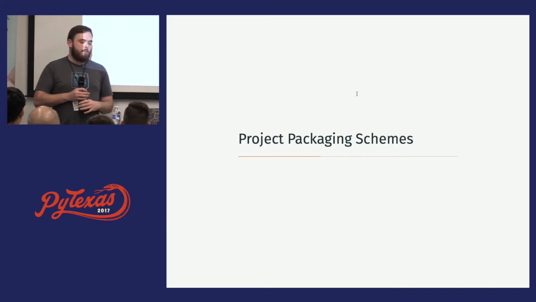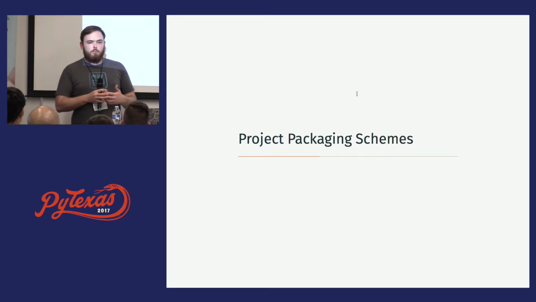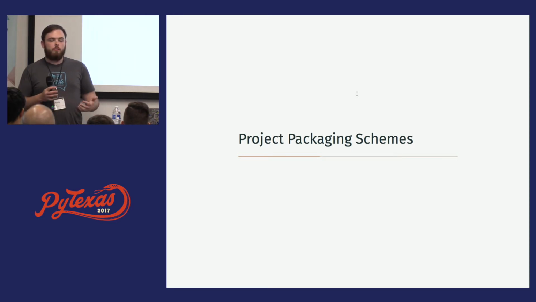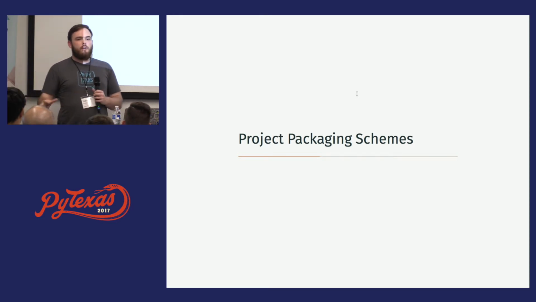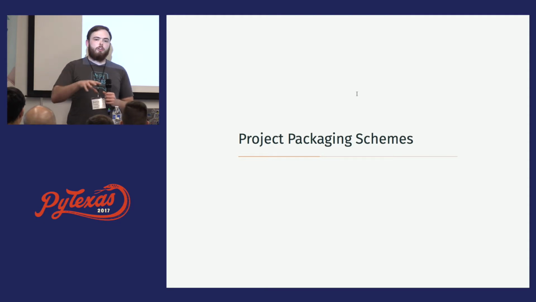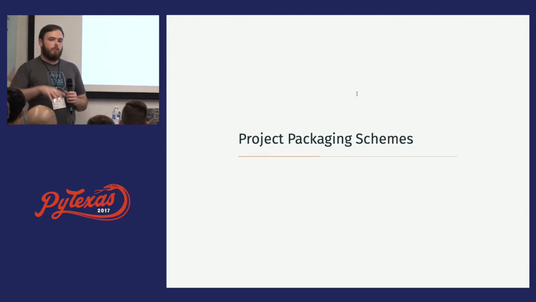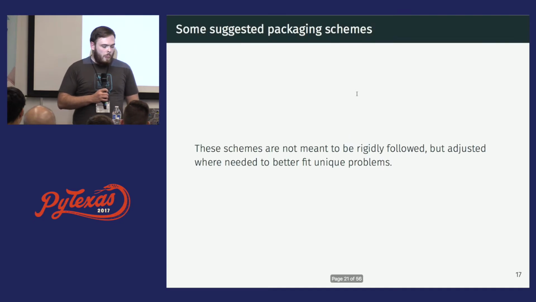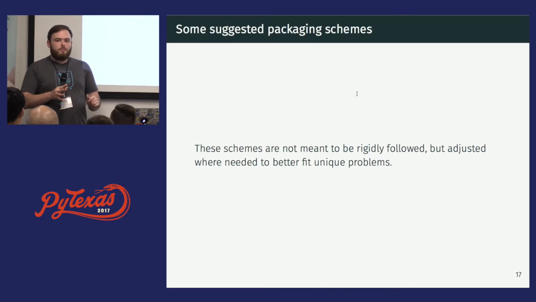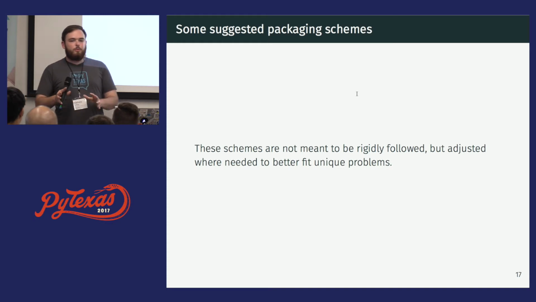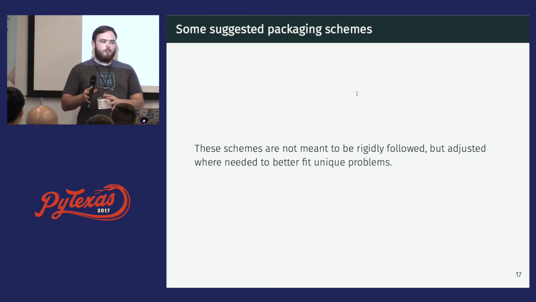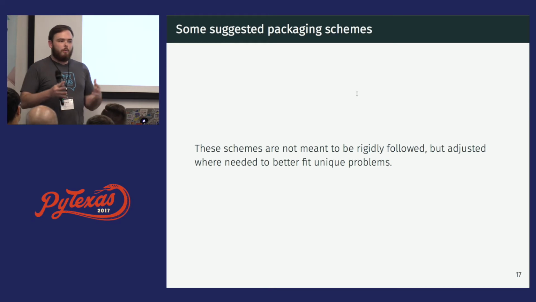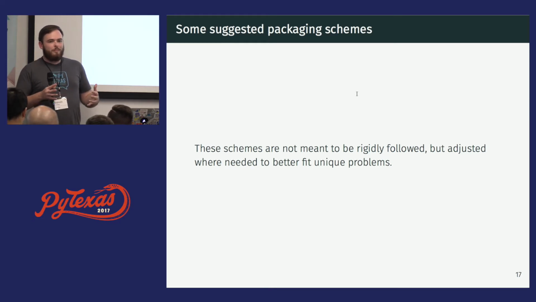So here I'm going to go over some packaging schemes that you may find helpful in how you can structure your project to package it up specifically for machine learning solutions, right? These are just loose recommendations. You should absolutely adjust them to your specific use case because, as you all may know, in machine learning there are a lot of varied things that can happen.